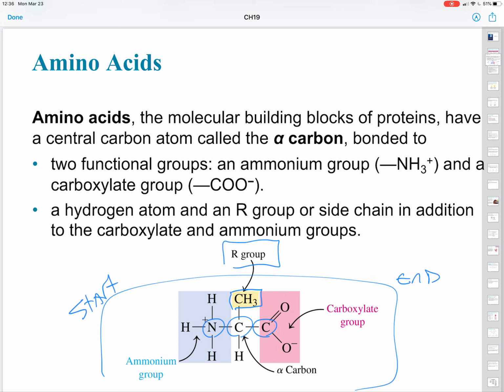Now, the lab you're doing this week, or you're looking at the videos anyways, is about how we separate amino acids based on their charge. And basically by their charge, they're more polar or they're less polar. If they have lots of charges on them, then they're very polar, and they like water, and they tend to like, in the lab, the paper rather than the solvent.